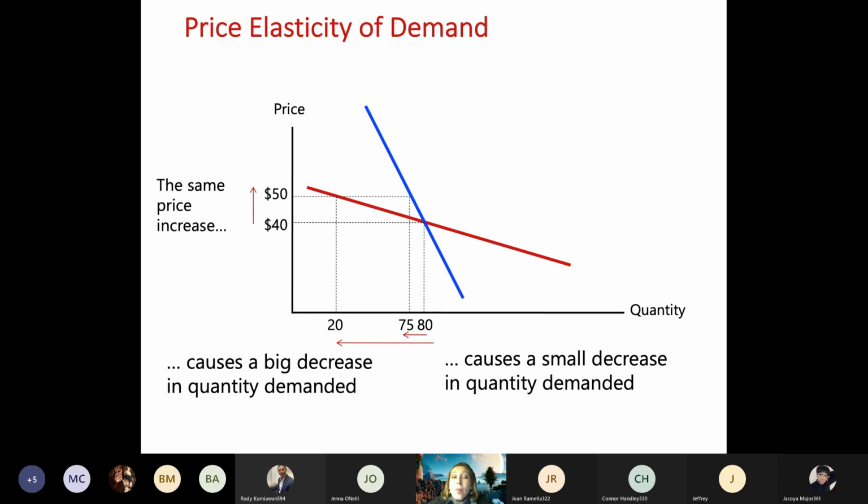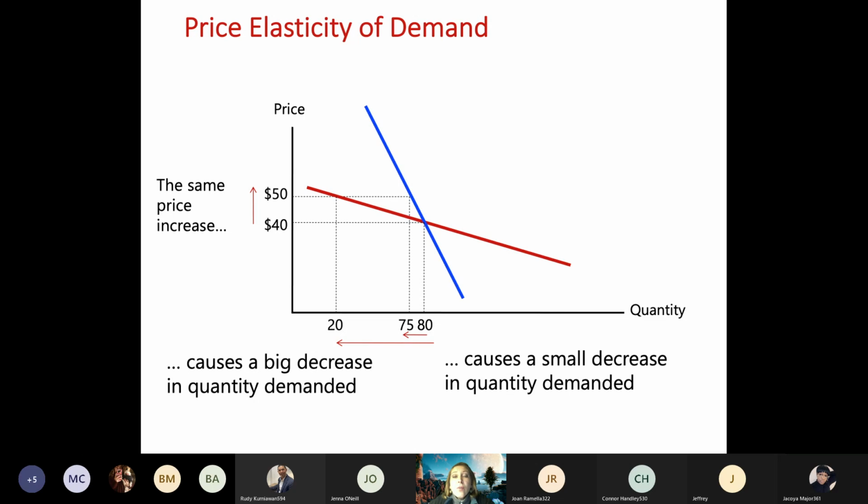And the price goes up to $50, and the quantity demanded doesn't change much. It only decreases to 75 hats.